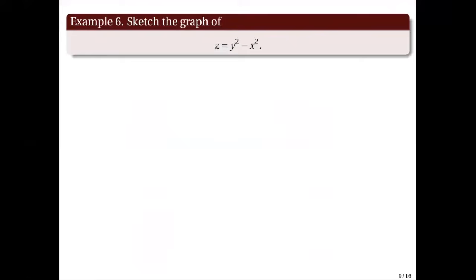Let's look at an example. Suppose z is equal to y squared minus x squared. This represents a hyperbolic paraboloid because one variable is of degree 1, 2 variables are of degree 2 with different signs. Moreover, because the linear variable is z, that means the axis of our hyperbolic paraboloid is the z-axis.